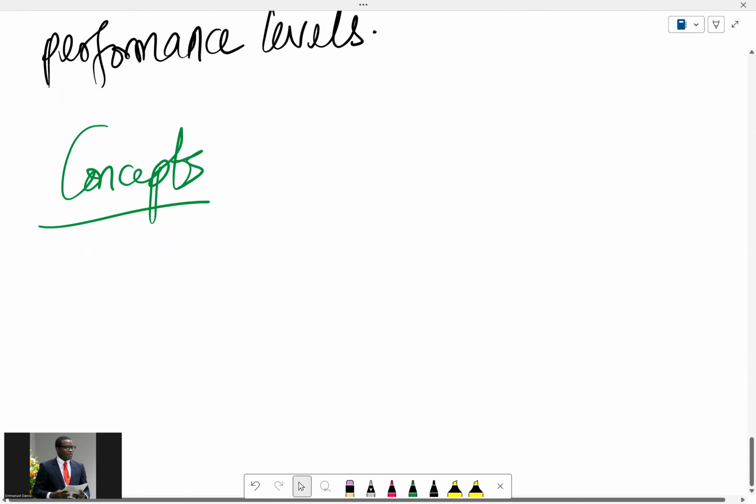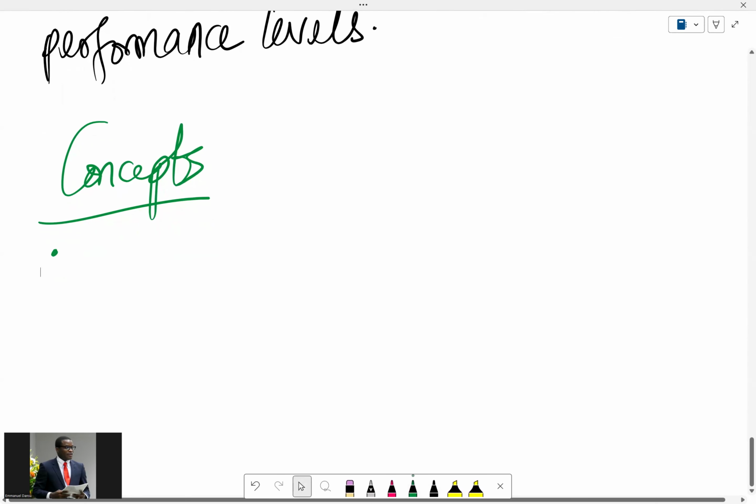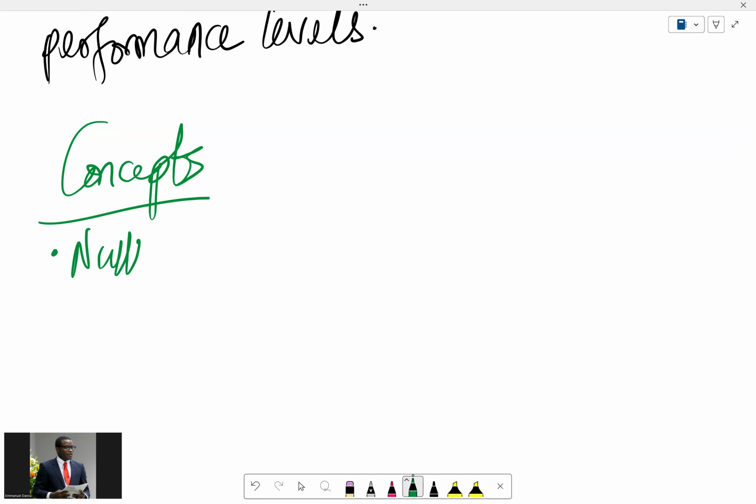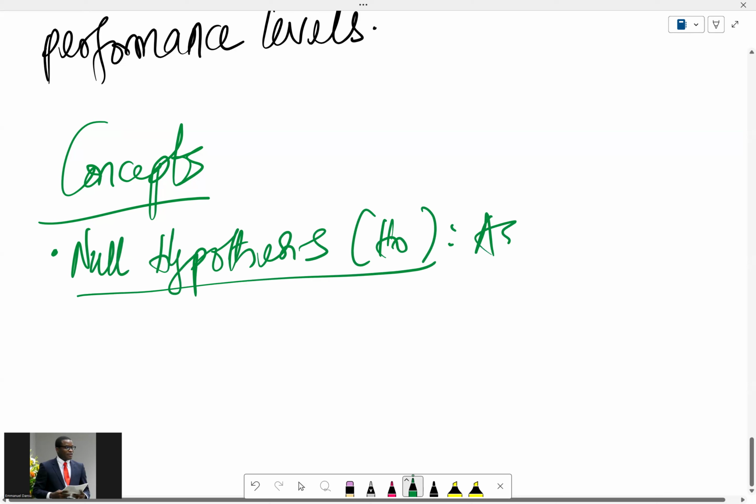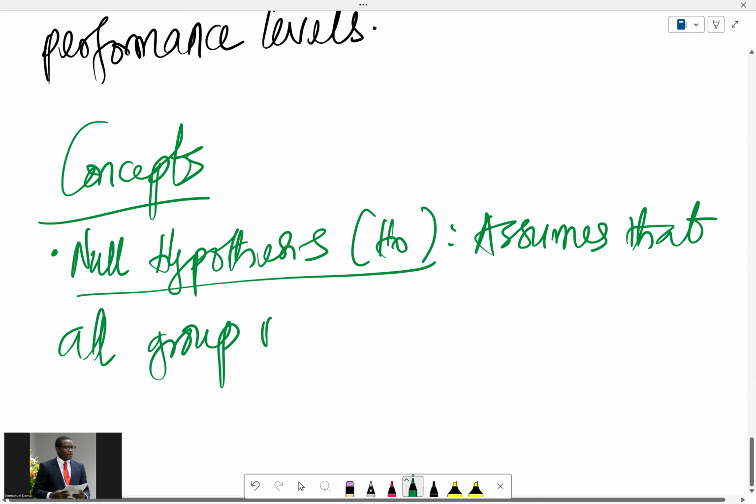First, as usual, since it is a parametric test, it falls under hypothesis testing. So you have, of course, your hypothesis. The null hypothesis, H naught, assumes that all group means are equal.